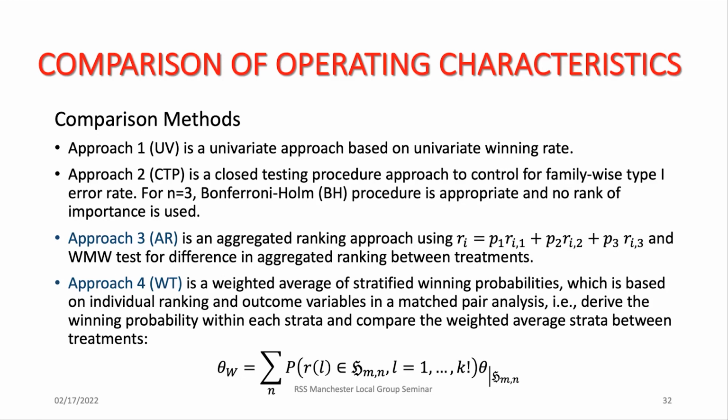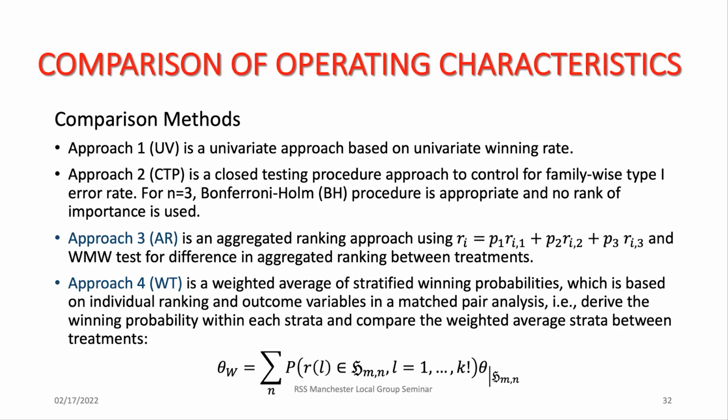For n equal to 2, k equal to 2 without ties, that is equal to the overall winning probability. When you get to higher dimensions or a higher number of outcomes, it gets more complicated. This one turned out to be pretty difficult because some of the strata can be very small, so they cannot generate a winning probability, and then the aggregate becomes difficult.